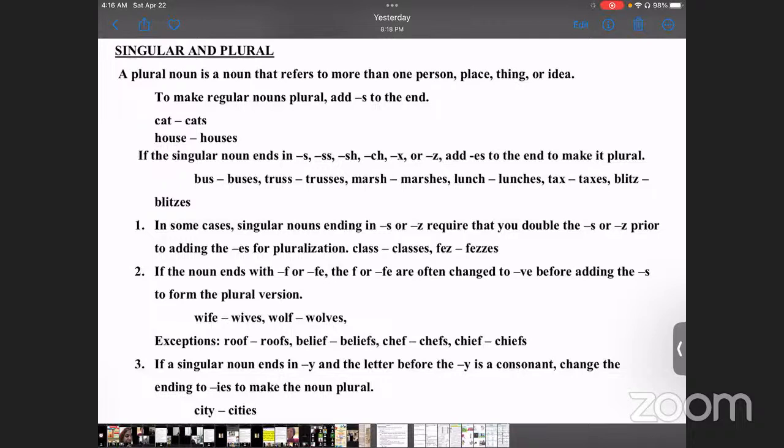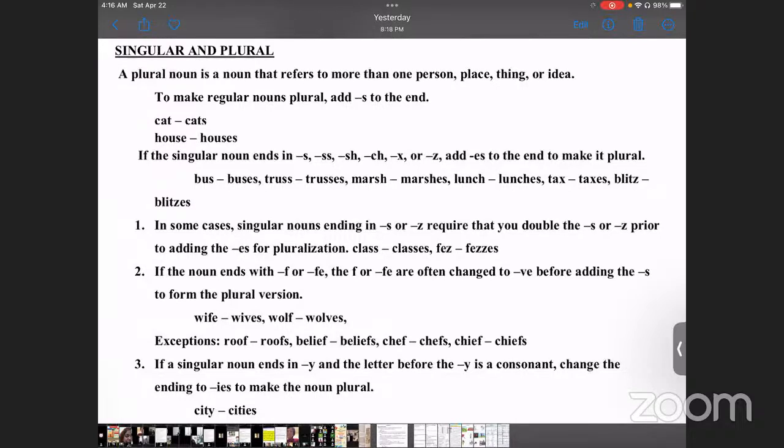If a singular noun ends in Y, point 3, and the letter before Y is a consonant. How many of you remember vowels are A, E, I, O, U. All the rest of the 26 letters of the alphabet are called consonants.